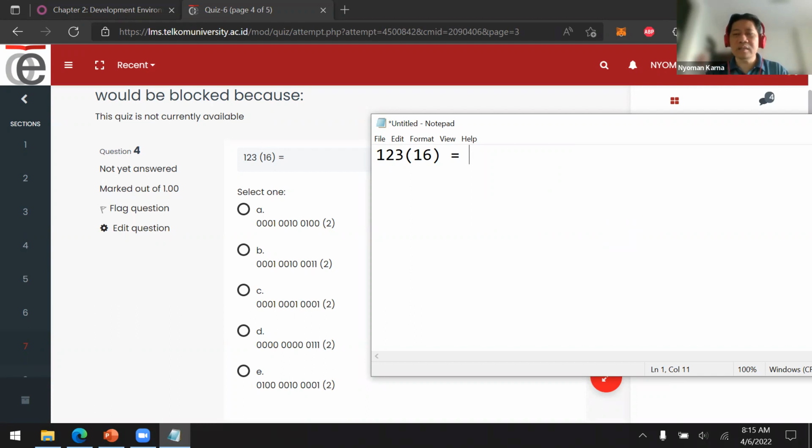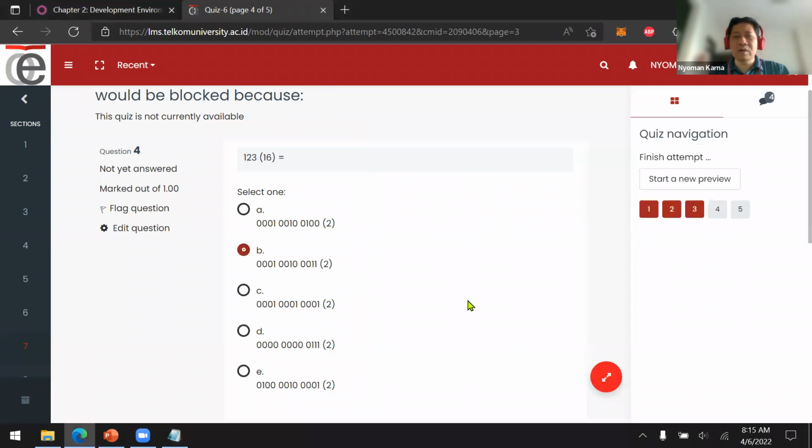So 1 is 0001, and then 2 is 0010, and then 3 is 0011. This is in binary: this is 1, this is 2, and this is 3. We have the answer, oh yeah, this one: 0001, 0010, and 0011.